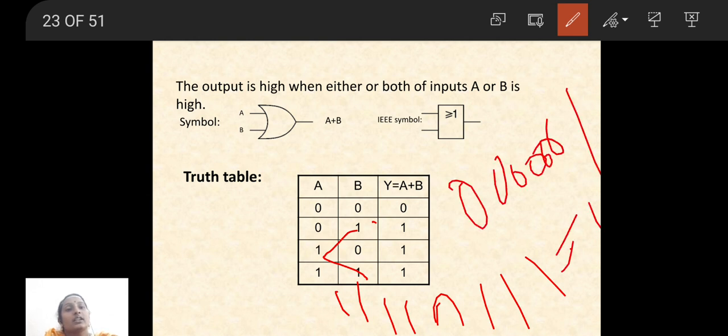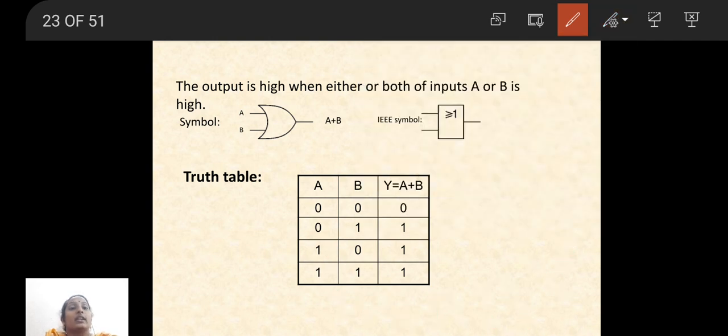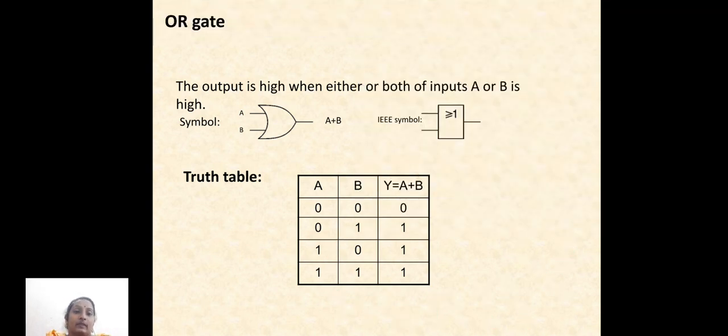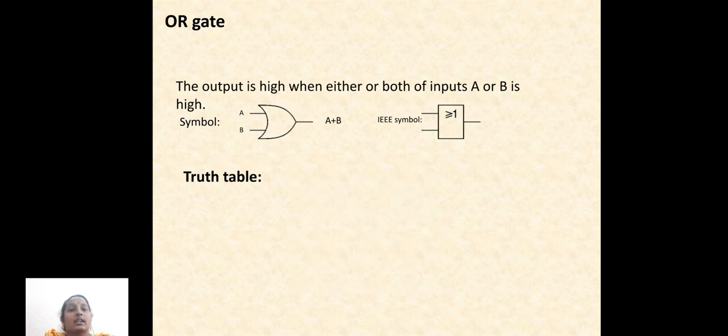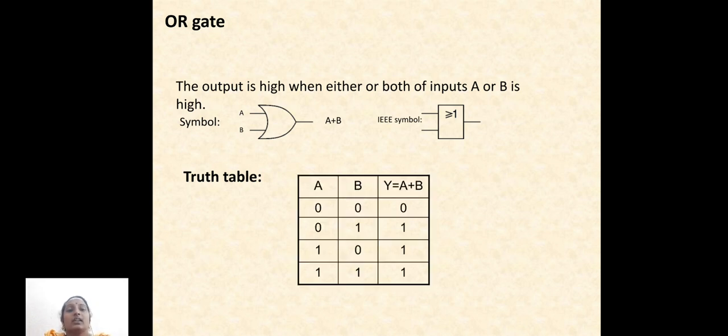Even if 10 inputs are zeros and only one is 1, the output is 1. Means if any of the input is 1, the output is high. Here 0 is termed low and 1 is termed high. If any of the input is high, the output is high.